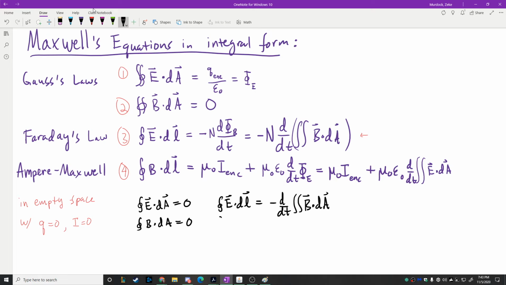And if I do the integral of B dot dl, if I say that the charge is 0 and Q is 0, I get rid of this term right here. So then I just get, for this one, mu naught epsilon naught times the derivative of E dot dA.